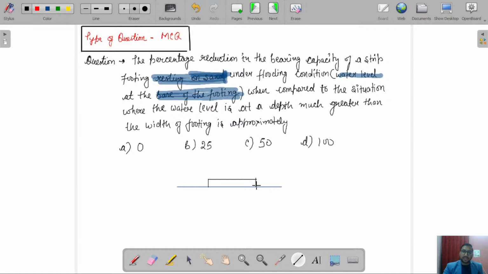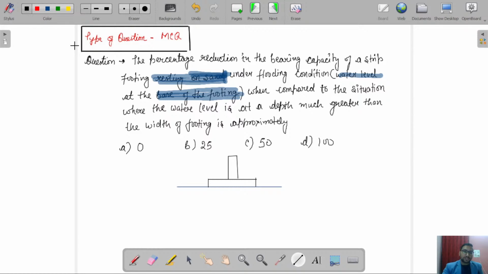If foundation is at ground surface, what will be the value of depth of foundation?